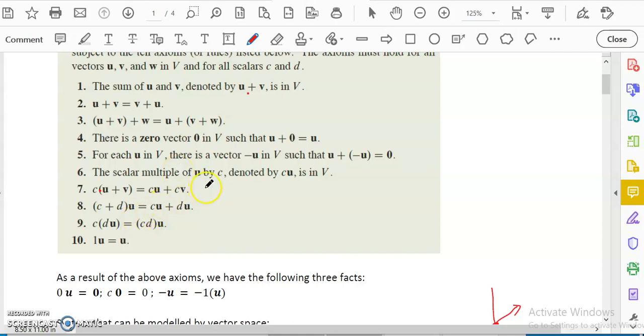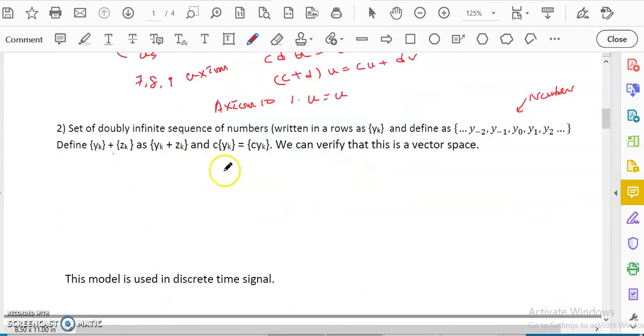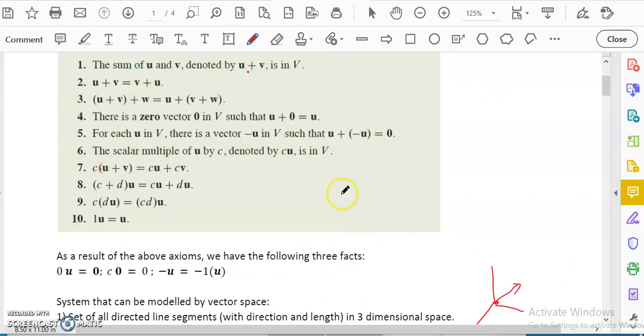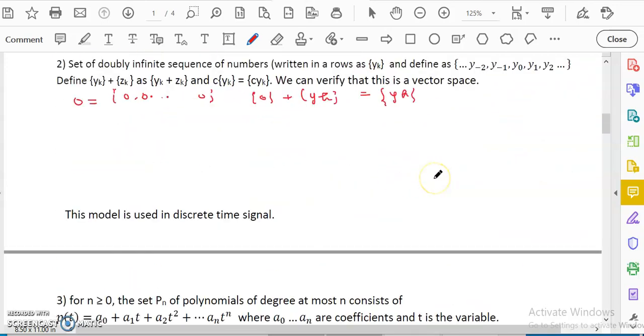And then we have the zero vector, which would be all 0s, 0, 0, on the negative and positive sides. So if I have 0 plus yk, that would still equal yk. So that is axiom 4.